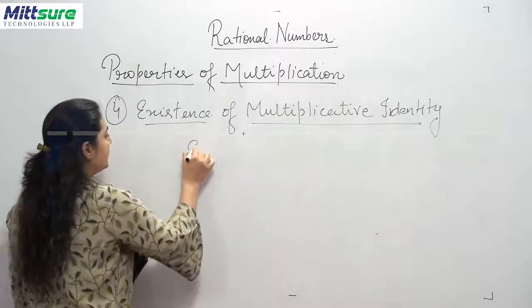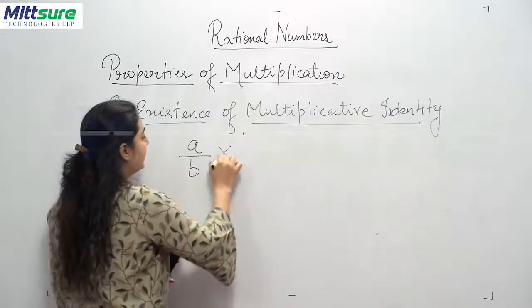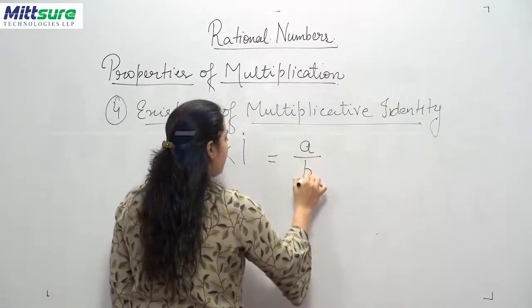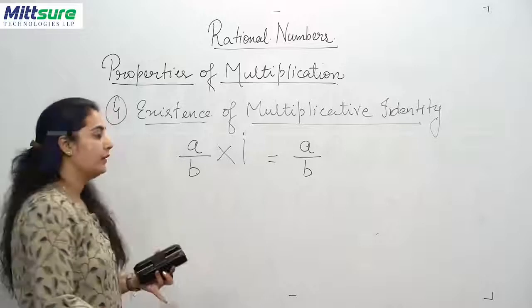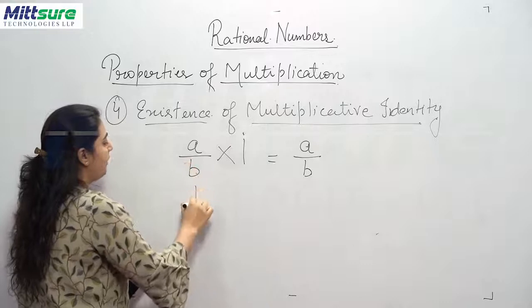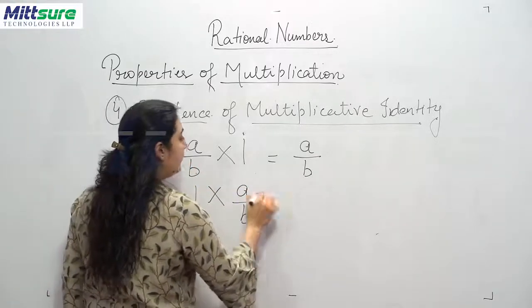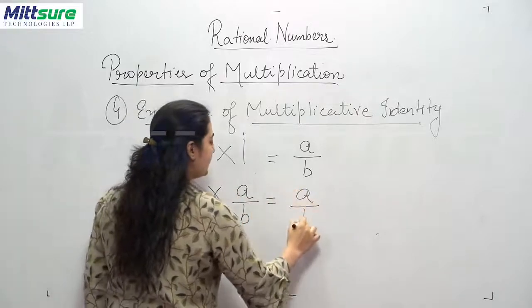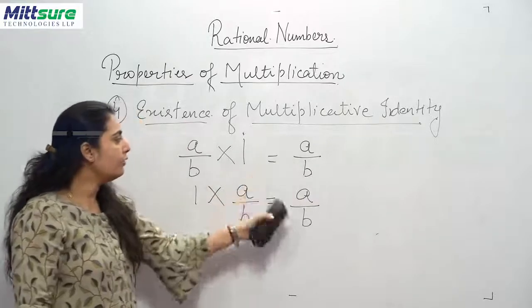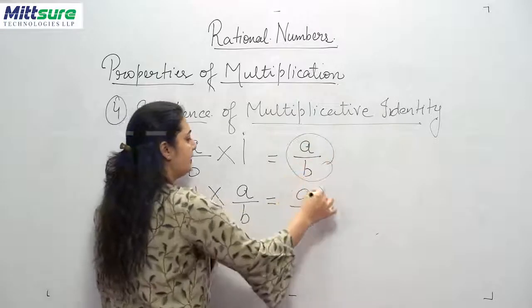So let's say the rational number is a upon b and it is multiplying with 1, then the product which I will get is a upon b itself. Okay, so let's take 1. Now if 1 is also multiplying a rational number a upon b, then also the result remains same. So in both the cases, the product of the two rational numbers is the number itself.